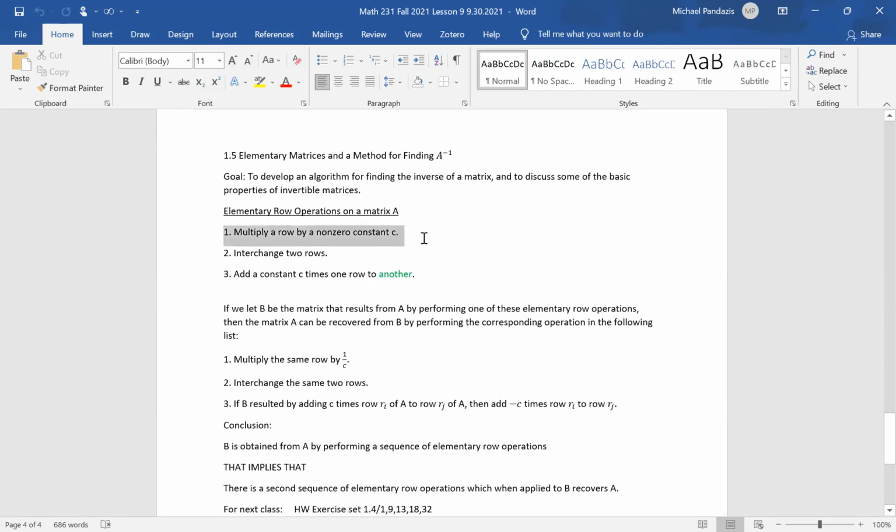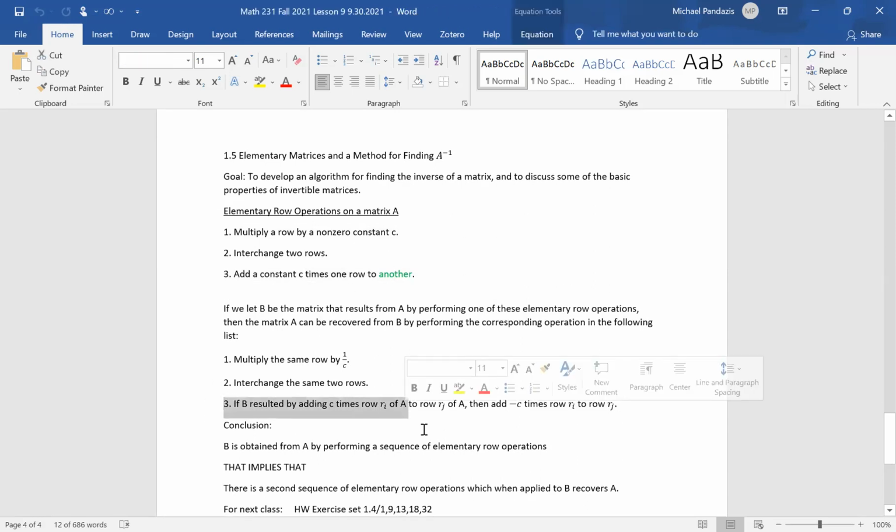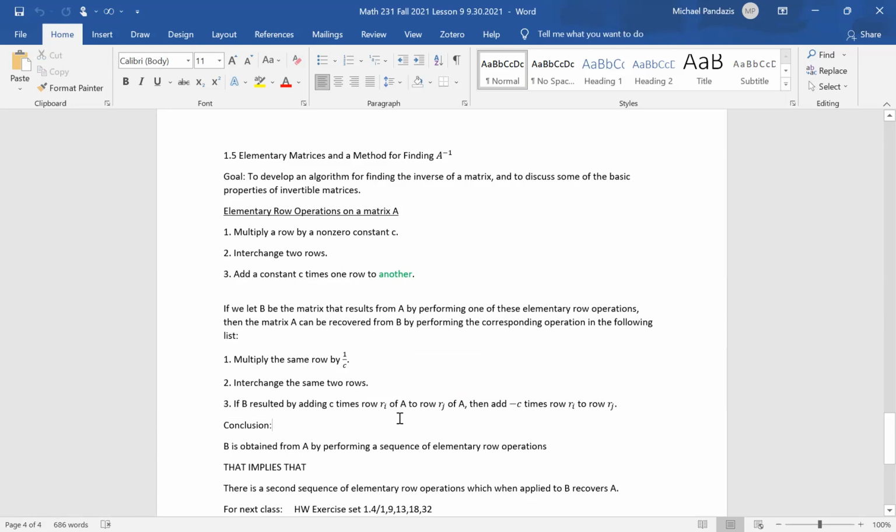If I multiply a row by 3 and then I multiply it by 1/3, I'm getting back to where I started. If I add 3 times 1 row to another row, and then I add -3 times that same row to that same other row, then I undo the effect that I originally had, right? So if I add 3 times row 1 to row 2, and then add -3 times row 1 to row 2, I now undid what I did, right?